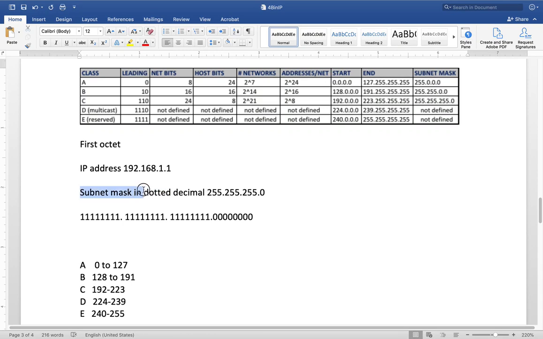The subnet mask tells you which bits are network bits and which bits are host bits.